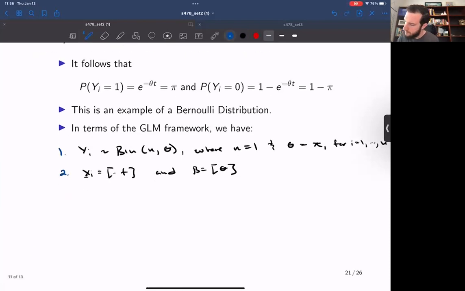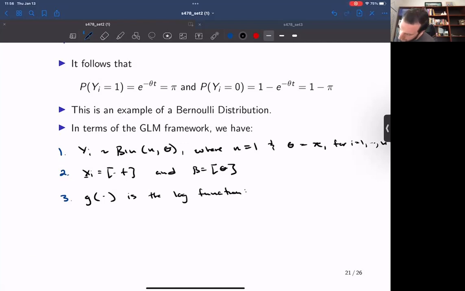Right. And then in part 3, we would basically say g is going to be the log function, for example.